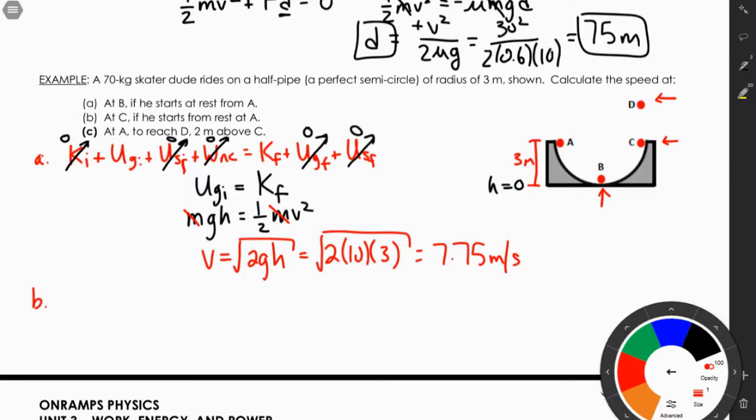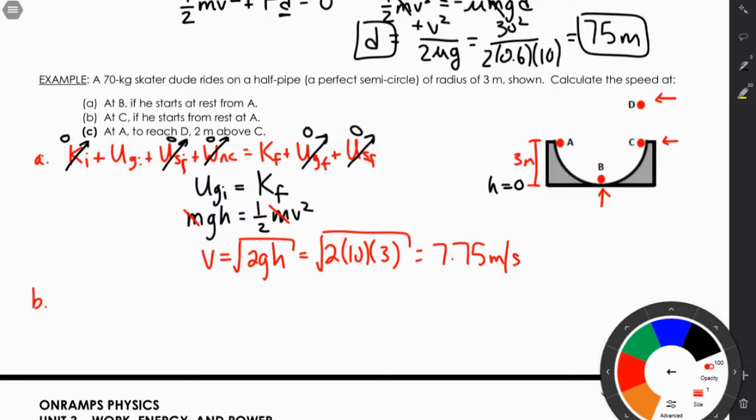All right, so at point C, one thing I want to note: A to C means there's no height difference. So if you go back to your equation, your UGI and UGF would cancel out, because they're the same height. Your KI would cancel out. There's no springs, there's no work done by non-conservative forces.